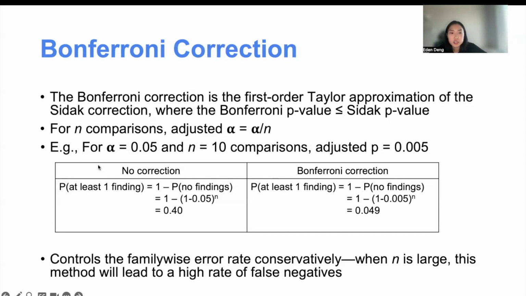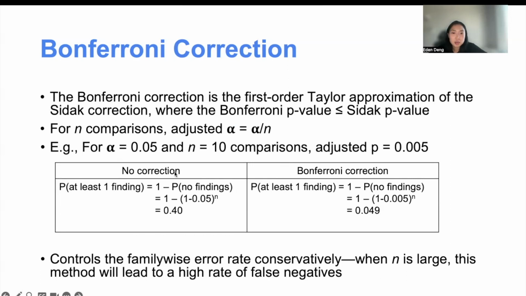So to illustrate how this is controlling the family-wise error rate, just as an example, suppose we conducted 10 comparisons and we have a desired alpha of 0.05. The adjusted p-value, Bonferroni p, that we would compute would then be 0.005.